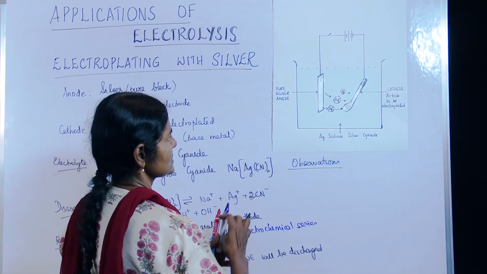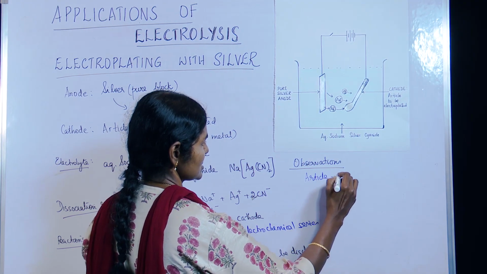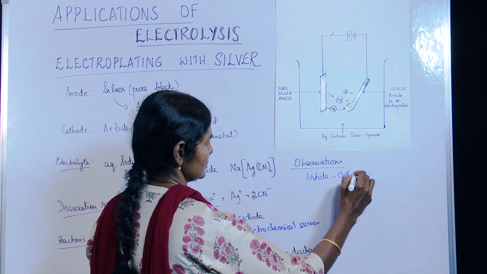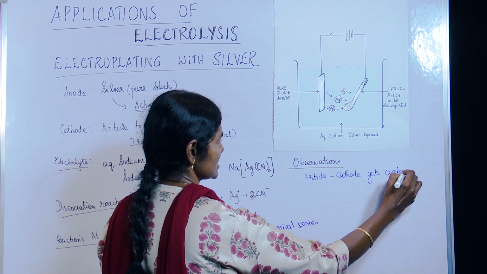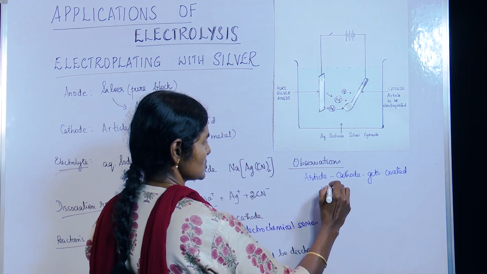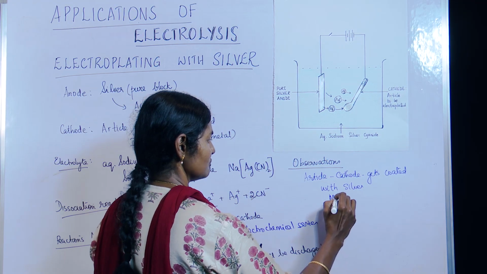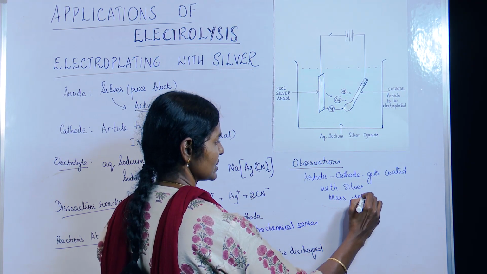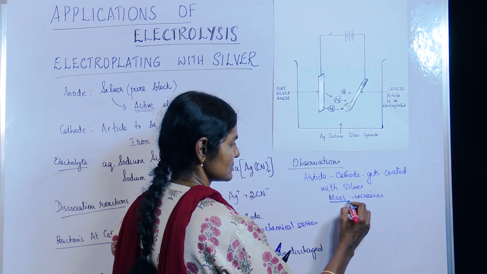So there is the article which is at the cathode gets coated with silver. So when you have a coating with silver, the mass of this cathode will increase. So the mass increases.